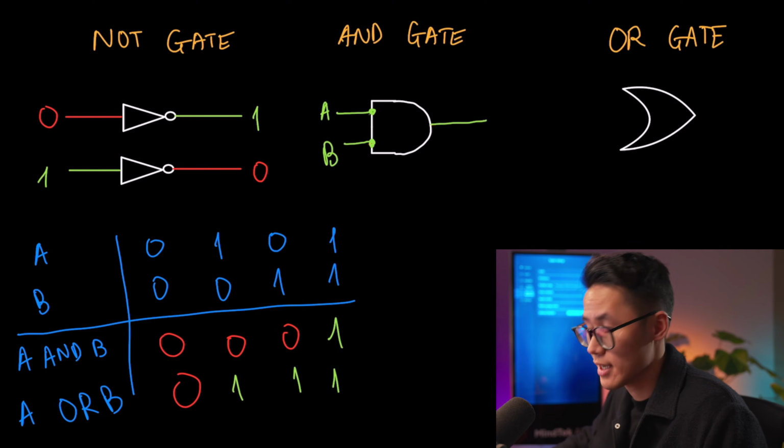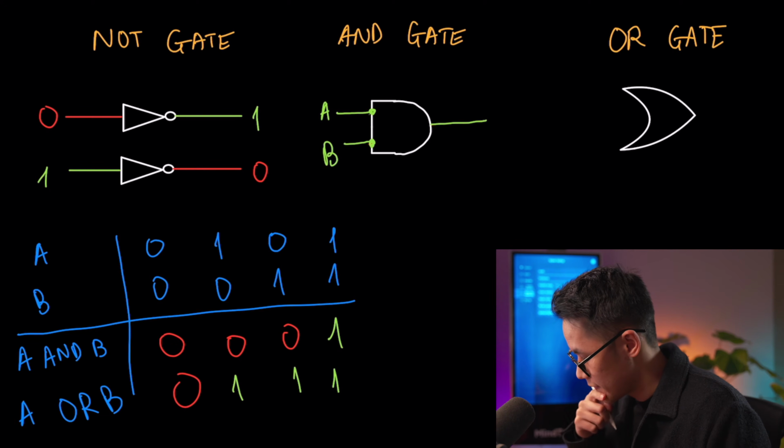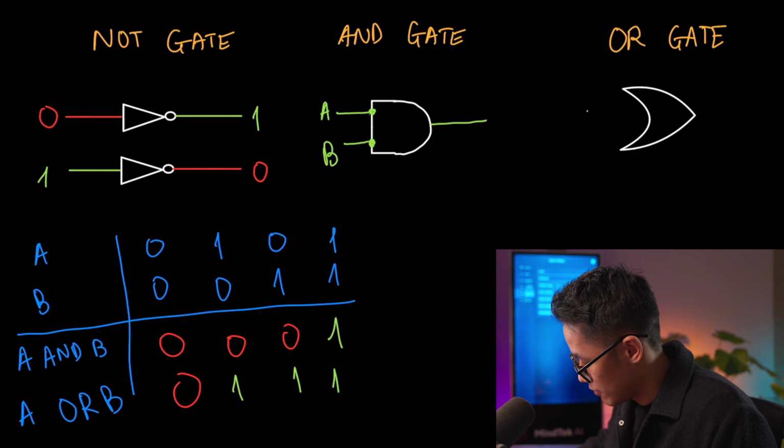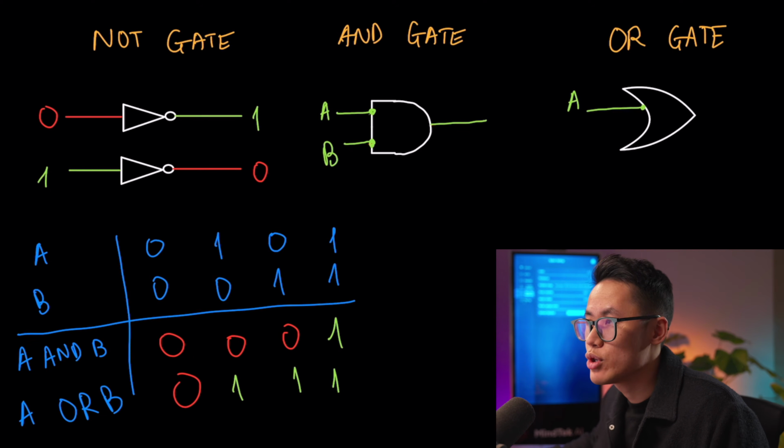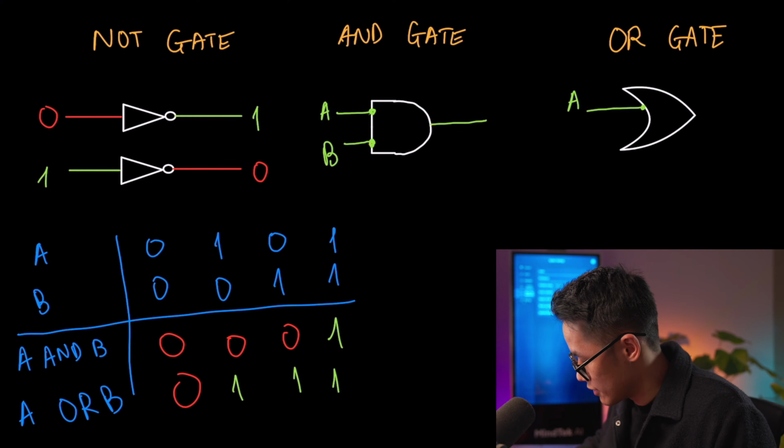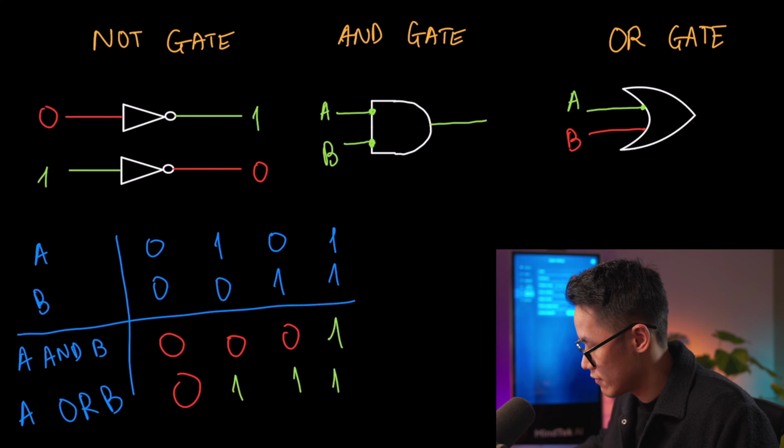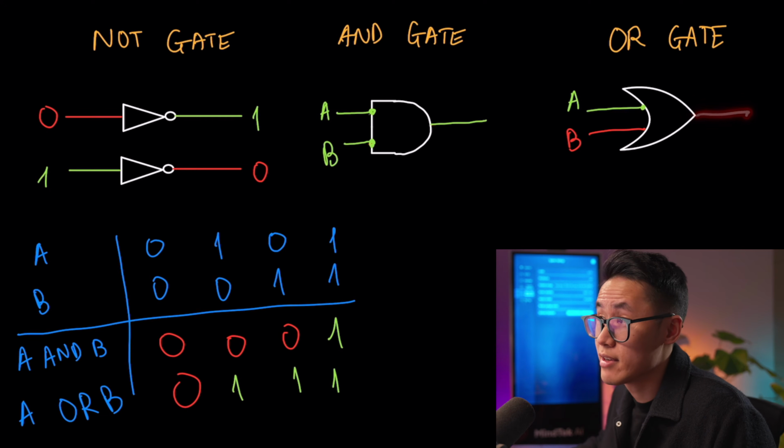So now let's think of it as an electrical signal. If there's input coming from the A input, and there's no input coming from the B, my question for you is: is there any output coming out of it?